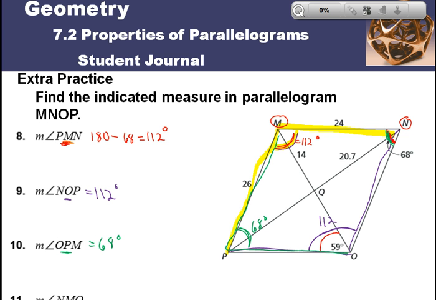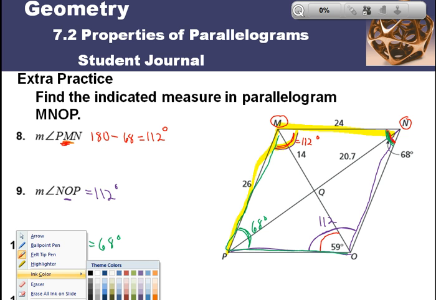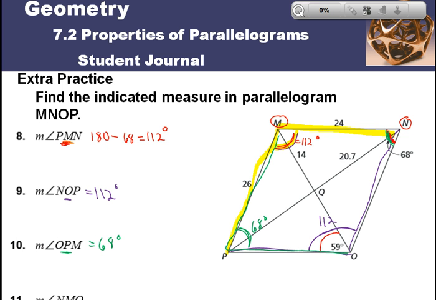And then this got cut off a little, so let's rewrite what this says. This says NMO. So number 11, we'll do this maybe in that light blue. So this says find the measure of angle NMO. Didn't realize when I created it that it was that close to the bottom.